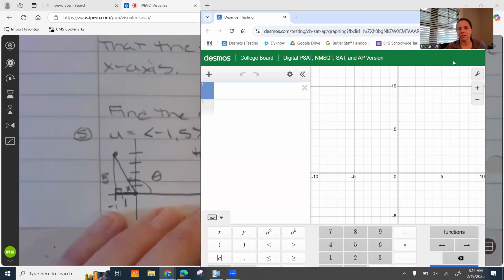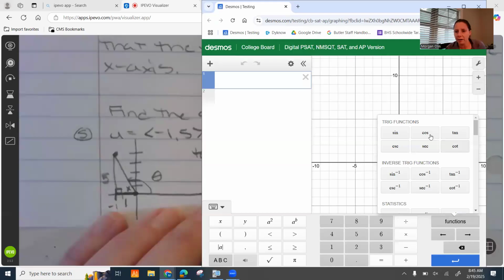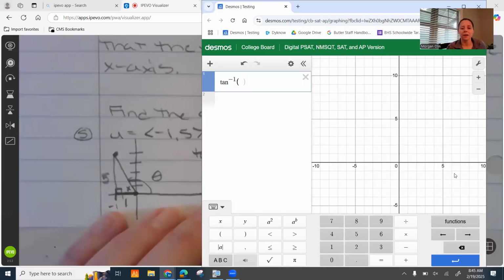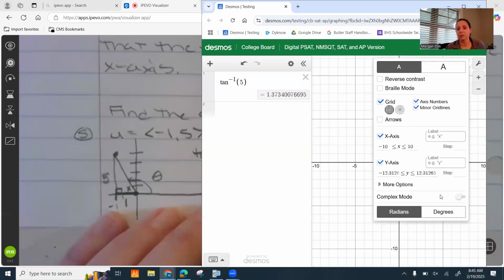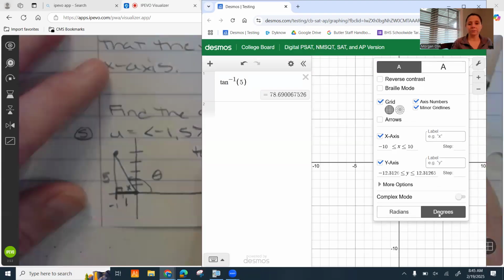Tan inverse. Don't forget, inverse is underneath the functions here. There's tan inverse of 5. Now again, remember what I was talking about? You need to be in degrees. Right now I'm in radians, so hit this wrench and I want to do degrees right here.